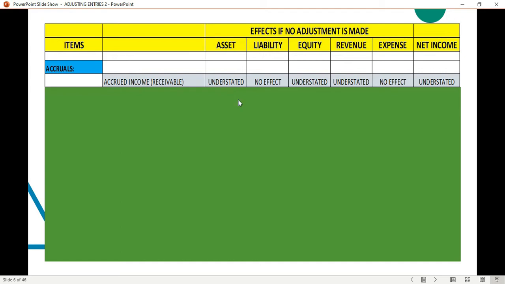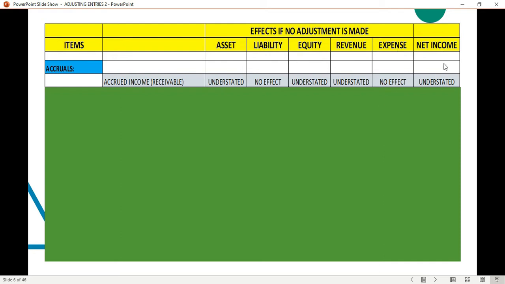Your asset will be understated. Then no effect on liability, since I said the accounts involved are only asset and revenue or income. Then we'll go to this first before we get to equity. Since you cannot recognize income, your income or revenue will be understated, and no effect on expense.